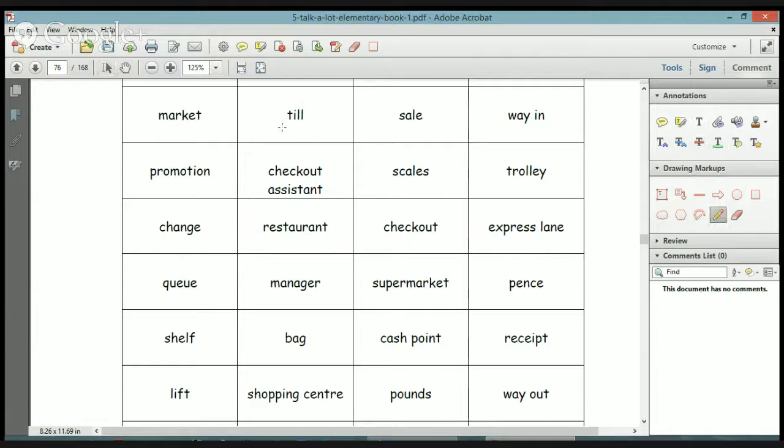If I look at the word till, I know it's a short vowel sound because it's got one vowel letter, and that's it, one vowel letter on its own, plus consonant letters. Till. It must be short. What other words can you see that are like that? They must be a short vowel sound because of one vowel letter. Can you see any more examples?